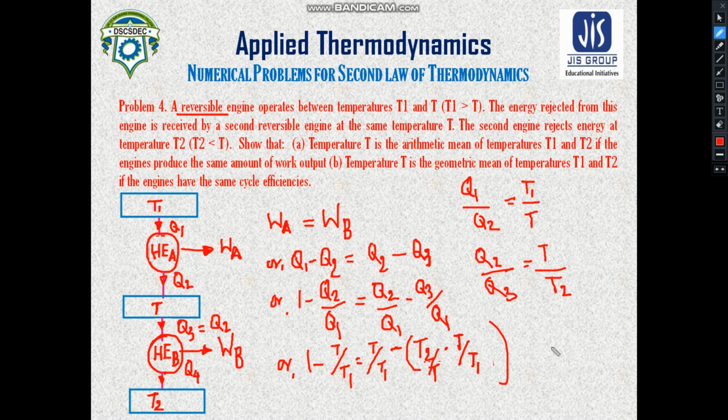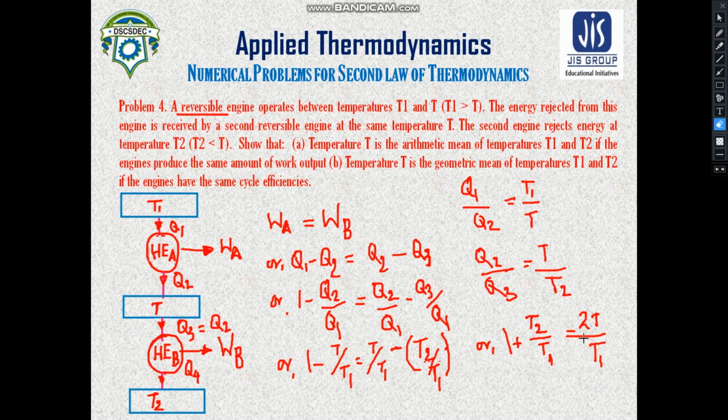Now what is the result? Ultimately these two T are alike terms, so they will be removed from the equation, and ultimately this equation will remain valid. This is simple mathematics, and ultimately you will get 1 plus T2 by T1, which is equal to 2T divided by T1.